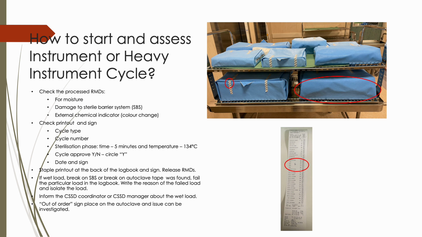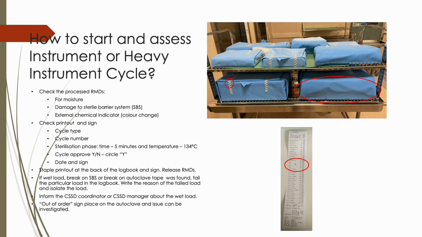If a wet load is found, or damage to the wrap, or a failed external chemical indicator, fail the particular load in the logbook and write the reason and location in the trolley, then isolate the load. And what to do next?